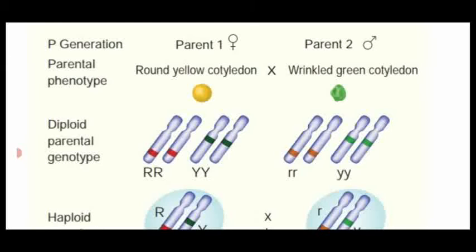Male is denoted as a recessive parent. See the diploid parental genotype, that is pair. What is that one? Round capital R R, yellow capital Y Y. So this is the dominant parent. When you are coming to the second parent, wrinkled small r r, green small y y.